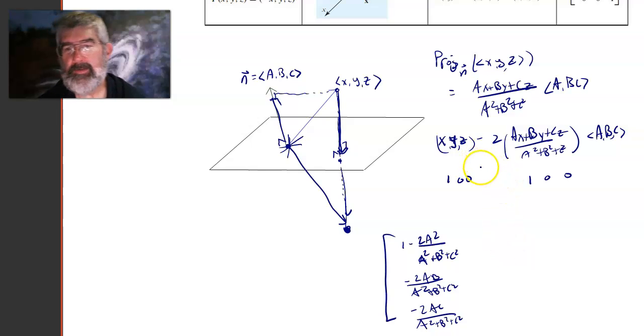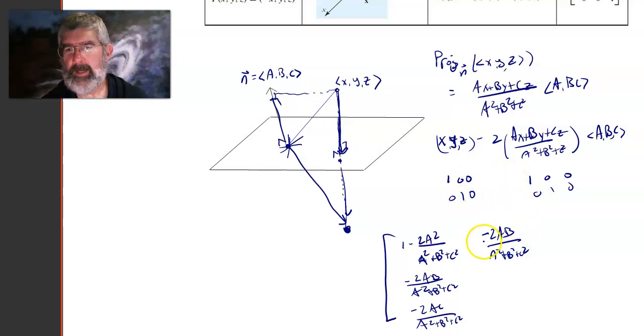Now where does 0, 1, 0 go? I'm plugging in 0, 1, 0 there. The first coordinate is a 0, and then minus 2b times a, so I get negative 2ab over a squared plus b squared plus c squared.